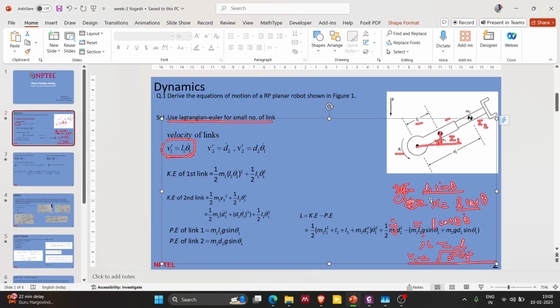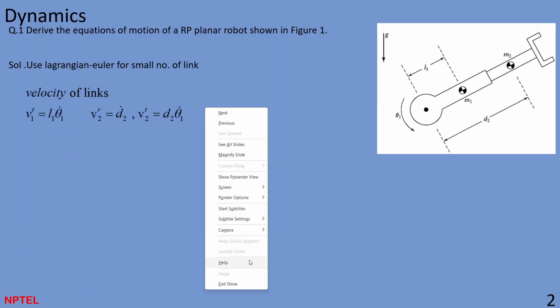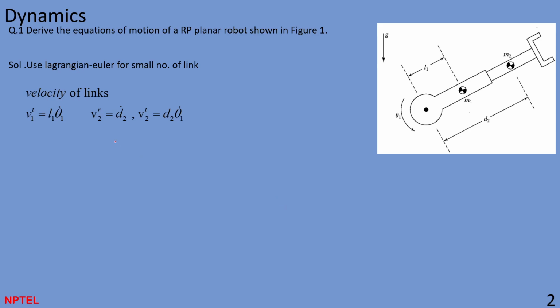And here the interesting thing is link two. Previously you were used to two revolute joints, but here it's different. Here we have a prismatic joint also. So how to find the velocity?